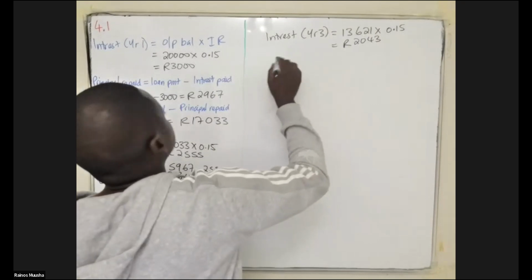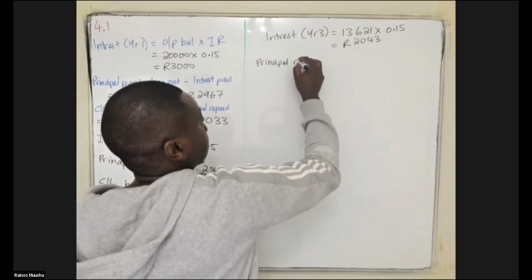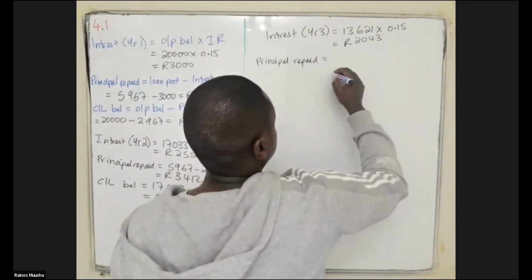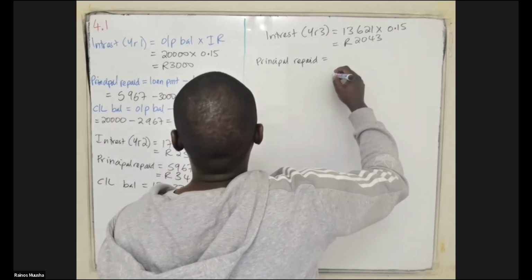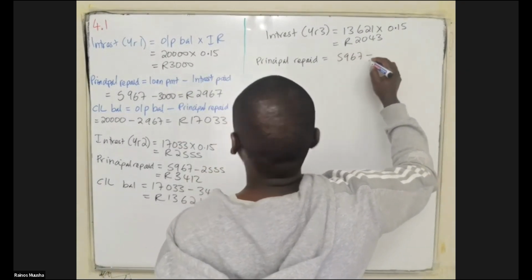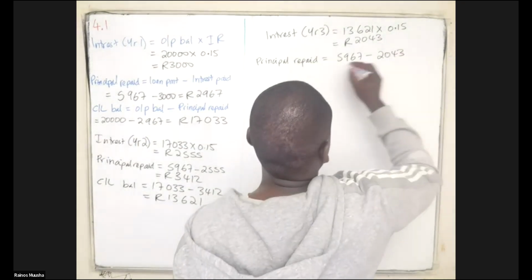And your principal repaid in year 3 is equal to your loan payment of 5,967 minus interest payment of 2,043.